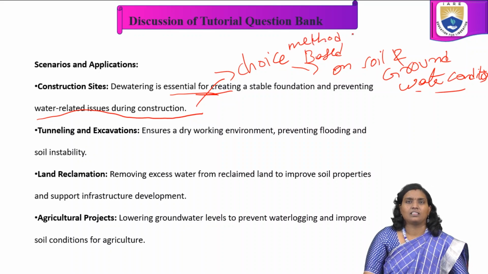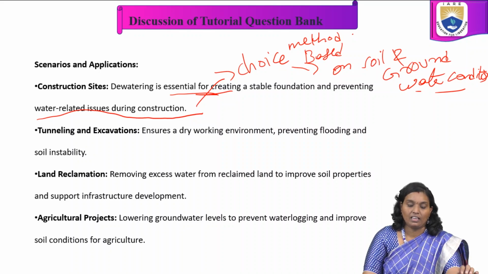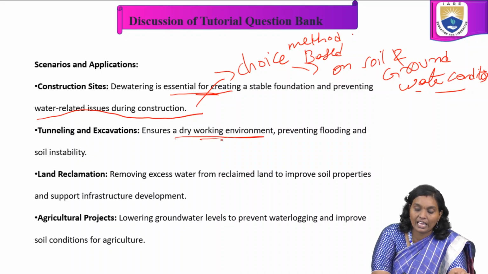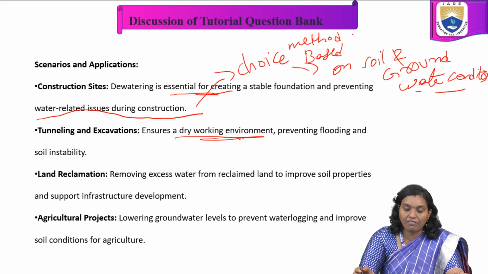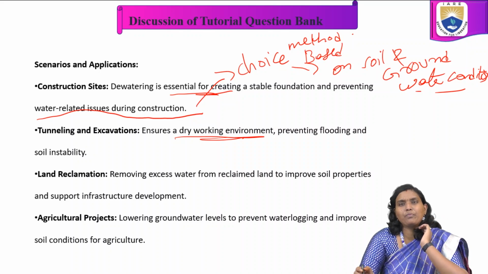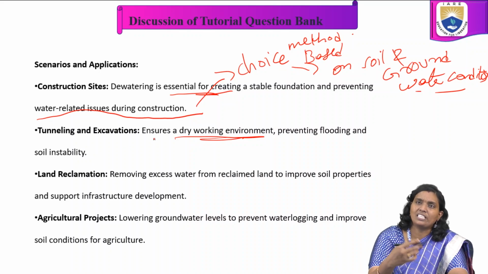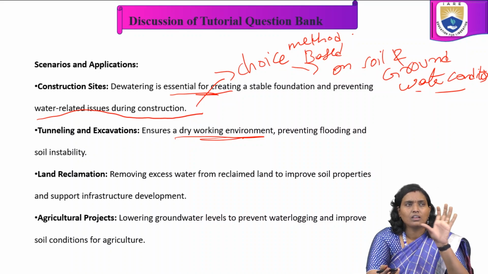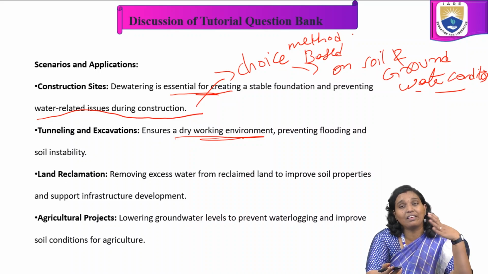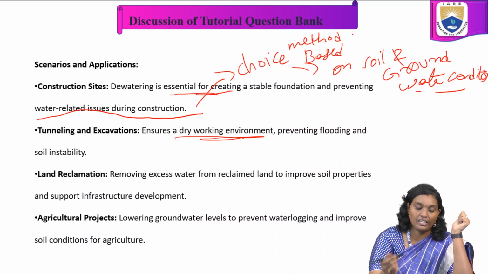Next is tunneling and excavations. Dewatering ensures a dry working environment, preventing flooding and soil instability. The choice again depends upon the soil and the level of groundwater, so based on that we choose the dewatering.